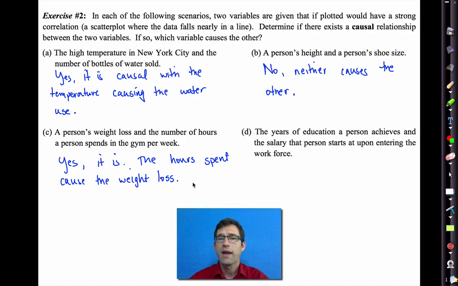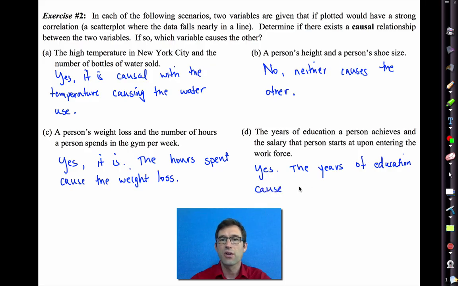And again, this is yes. All right, it is causal. And specifically, the years of education cause, boy, that is just non-acceptable handwriting.